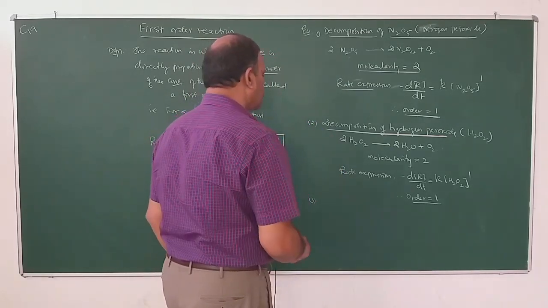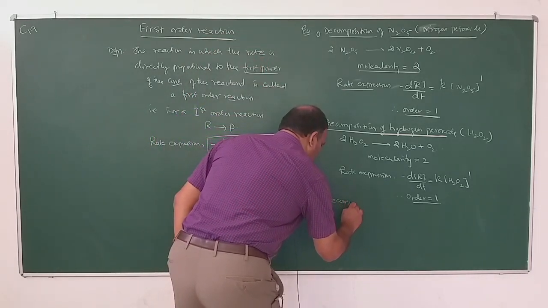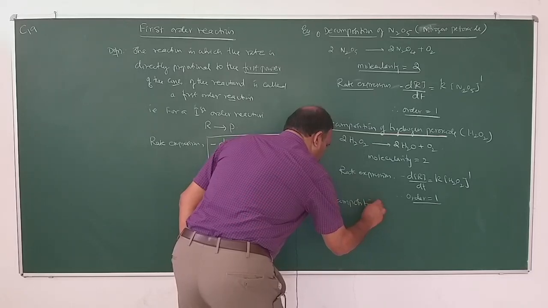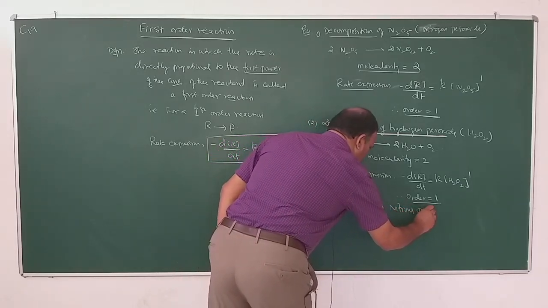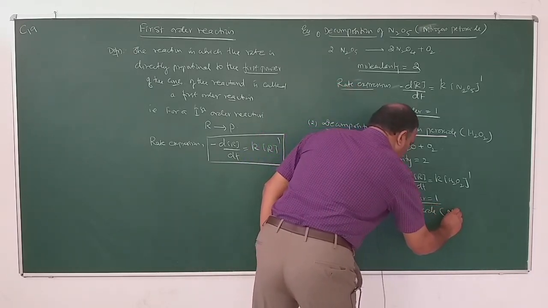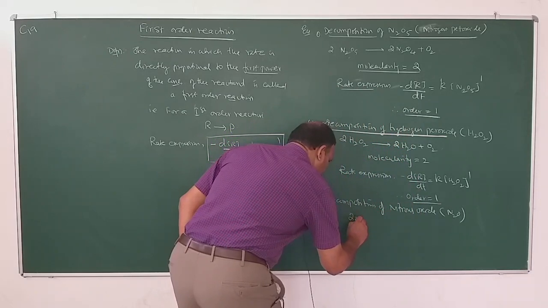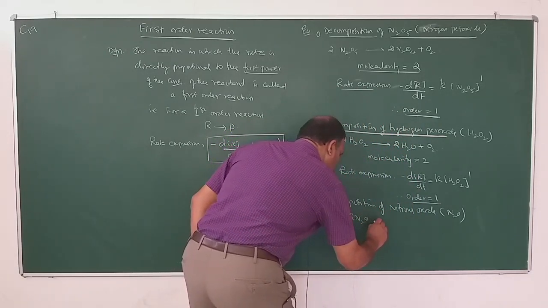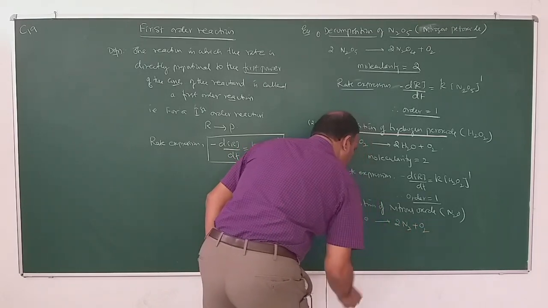I will give you another example. Third one, decomposition of nitrous oxide. It is N2O, nitrous oxide. 2N2O gives 2N2 plus O2.